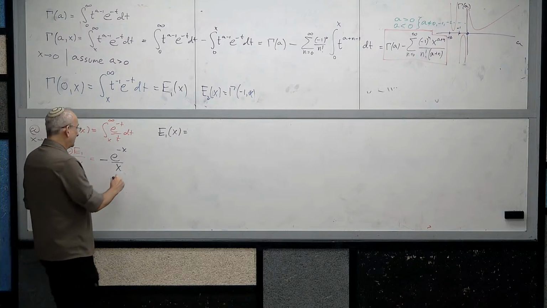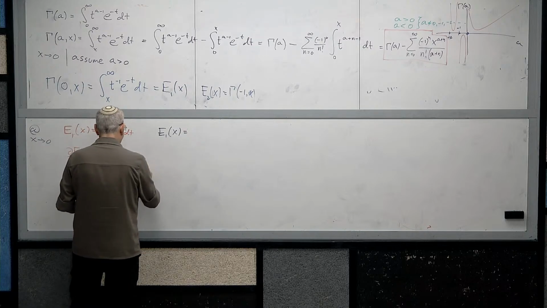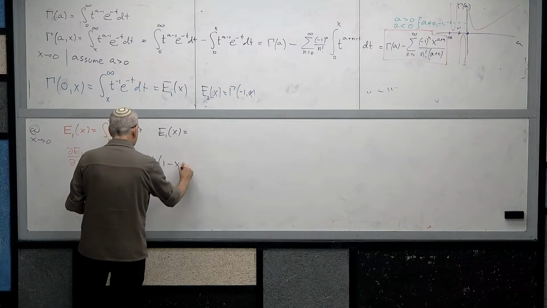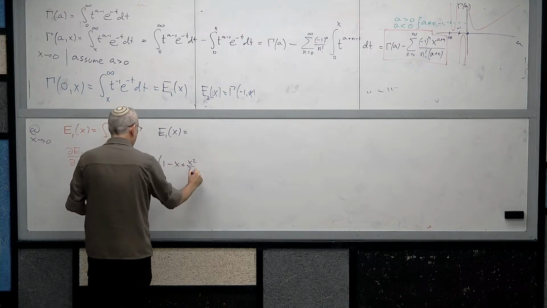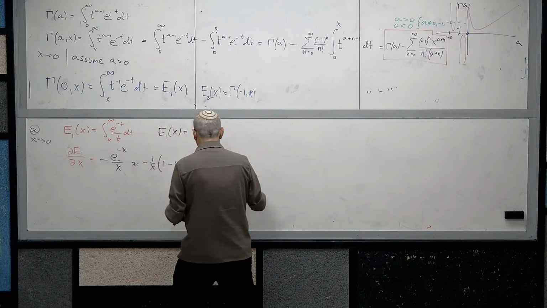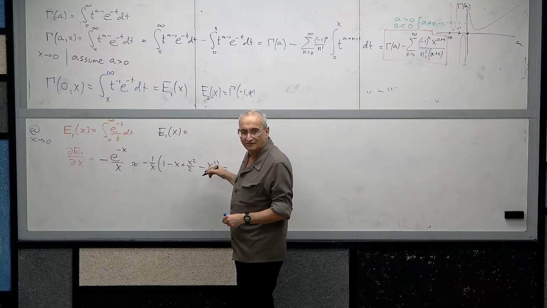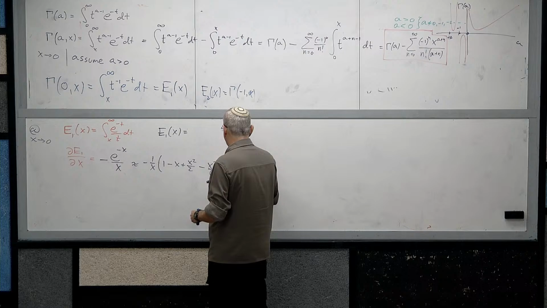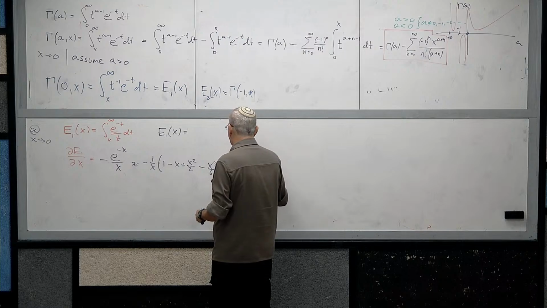So we can write this as minus 1 over x times 1 minus x plus x squared over 2 minus x cubed over 6, and so on, which is minus 1 over x plus 1 minus x over 2, and so on.